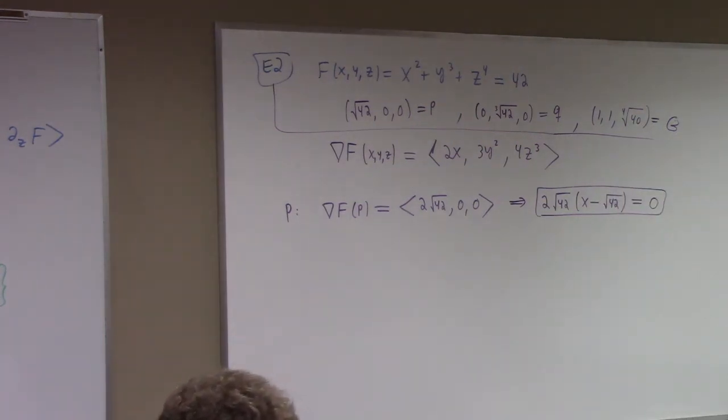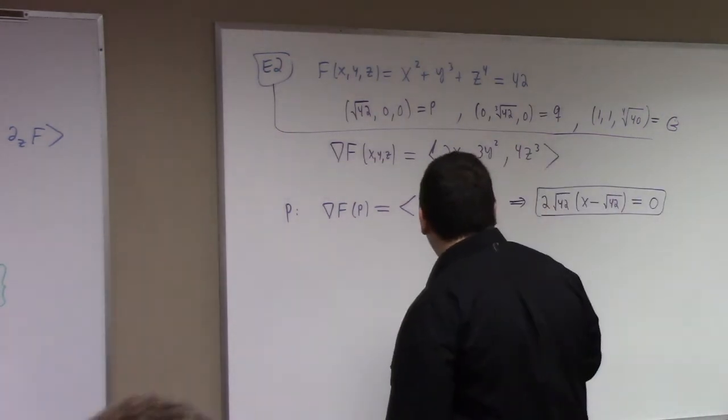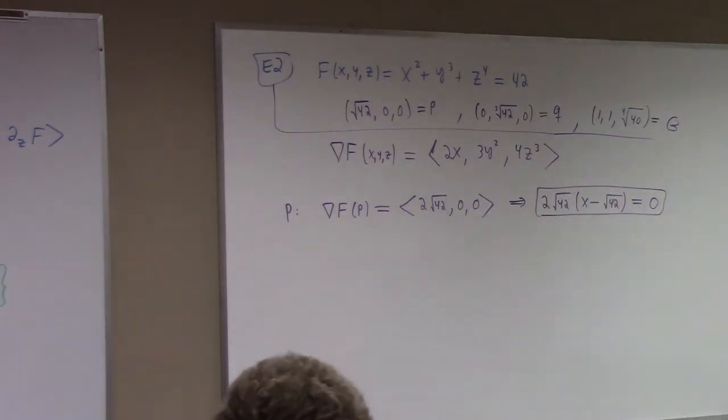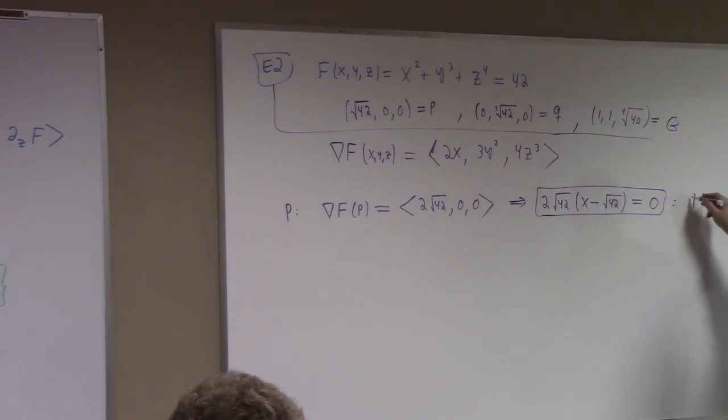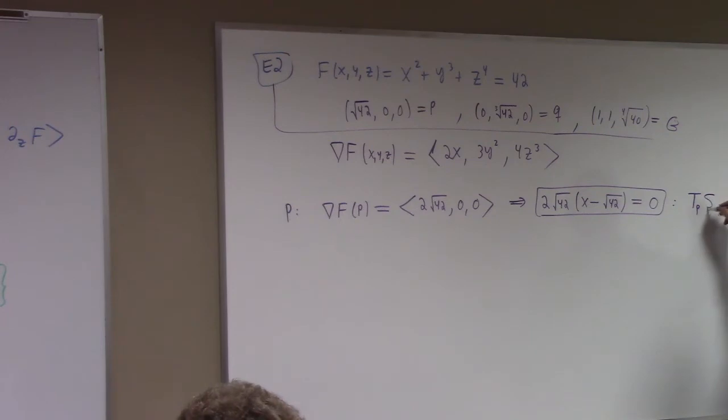Also known as x equals the square root of 42 is the tangent plane. It's not an especially exciting tangent plane, but it is a tangent plane. This is the equation of the tangent plane at P. Oh, I didn't give this thing a name. Let me call it S for surface.